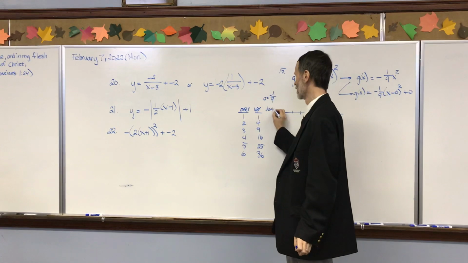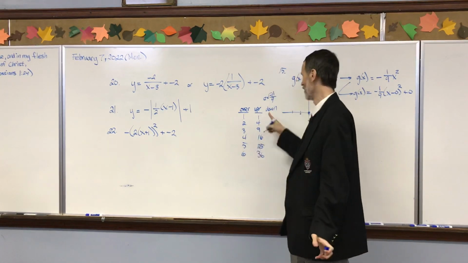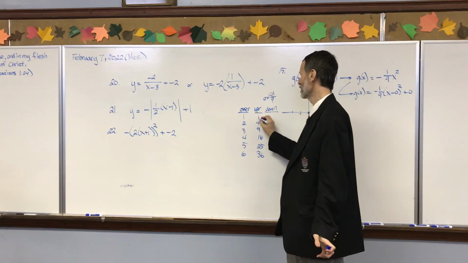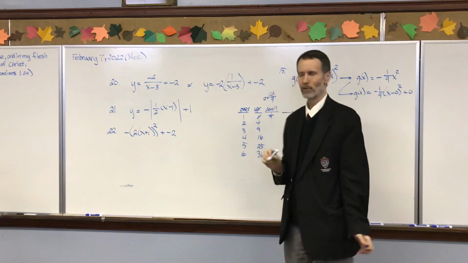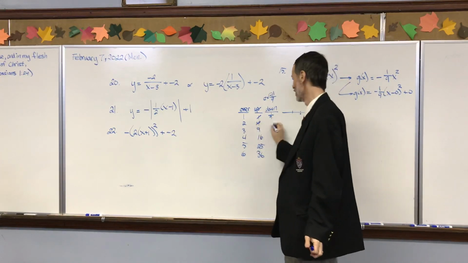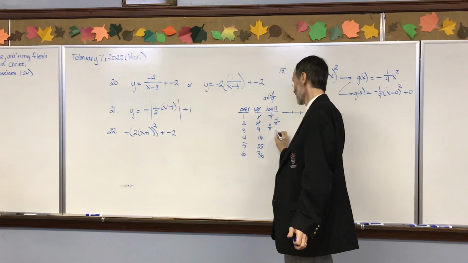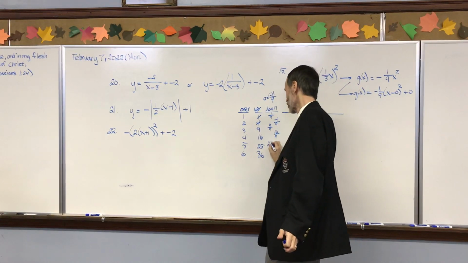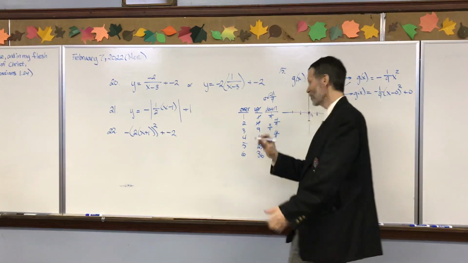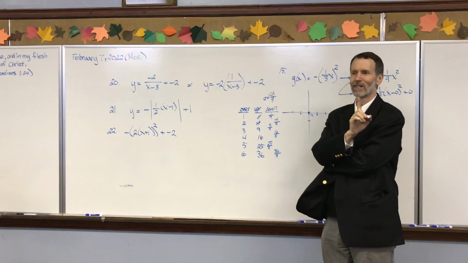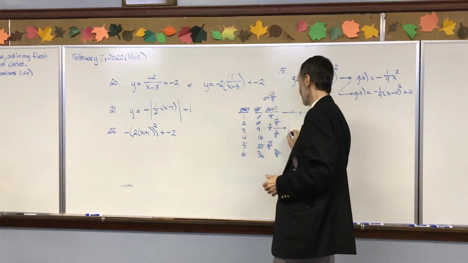It's down because of the negative. Does that make sense? And then, instead of going down 1, it's down 1/9. It's 1/9 of whatever the other one was. This is 4/9. This is 9/9. This is 16/9. This is 25/9. This is 36/9. Does anybody notice if any of those are nice numbers? Right, 9/9 is nice. It's what? 1.